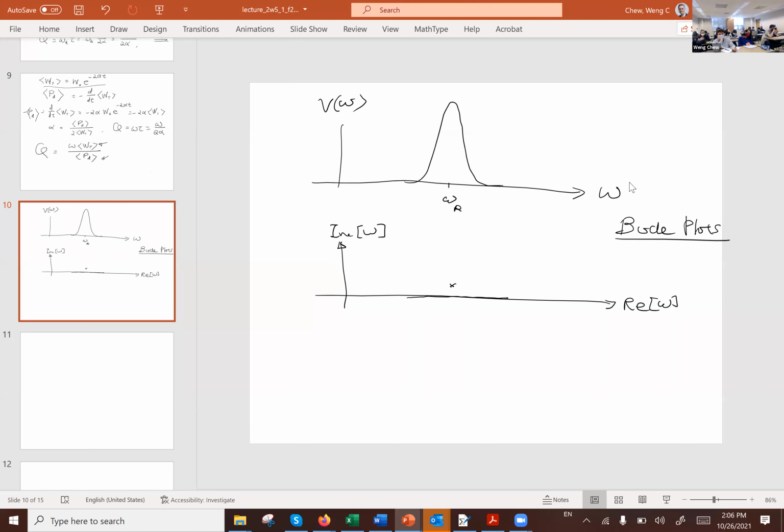For instance, in this example, my current is related to the voltage by this transfer function Y of omega, which might look something like this with a pole.